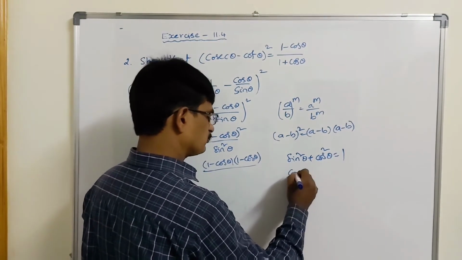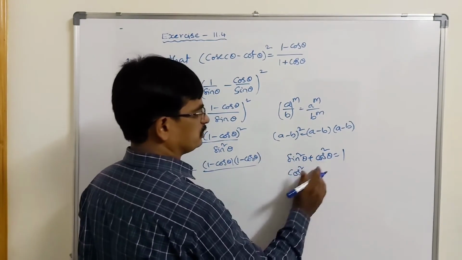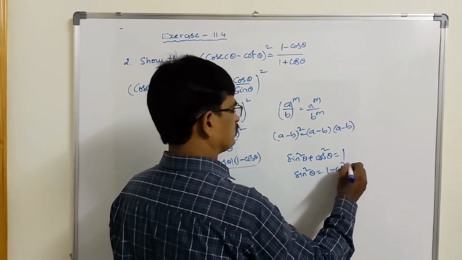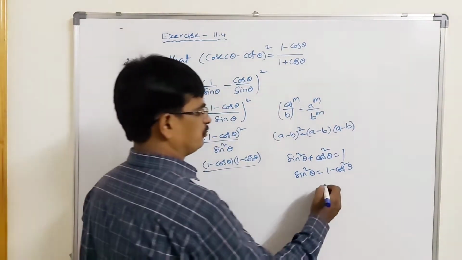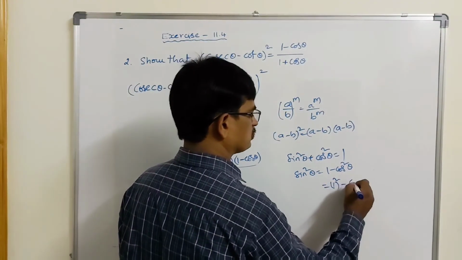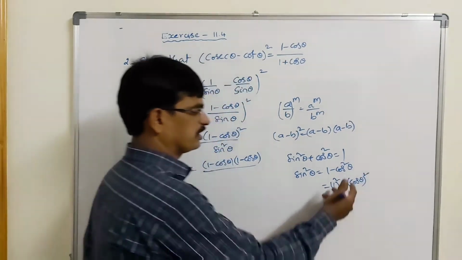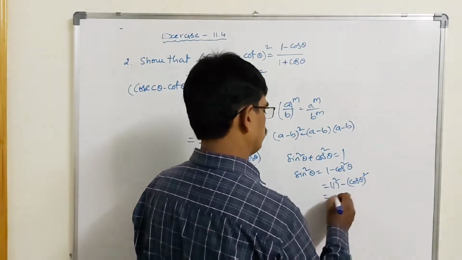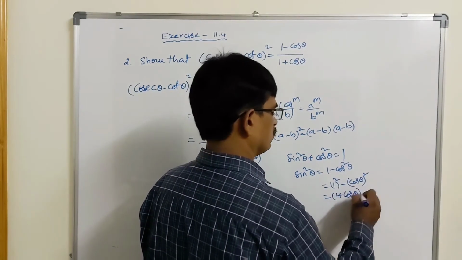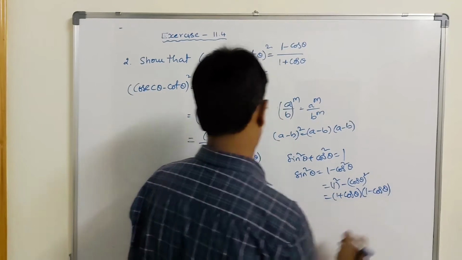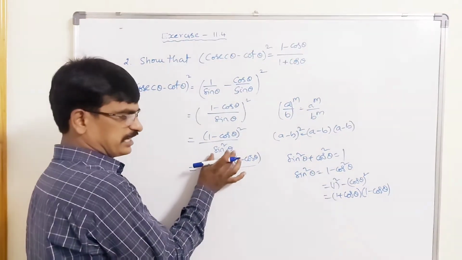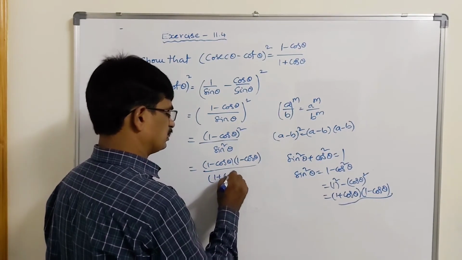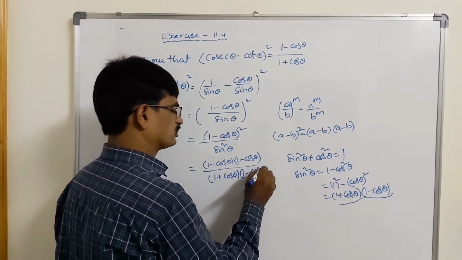Then sin square theta is equal to 1 minus cos square theta. 1 minus cos square theta can be written as 1 square minus (cos theta) whole square. Again it is in the form a square minus b square, that is (a plus b) into (a minus b). Now instead of sin square theta, write this as (1 plus cos theta) into (1 minus cos theta).